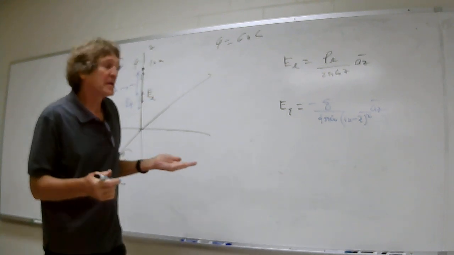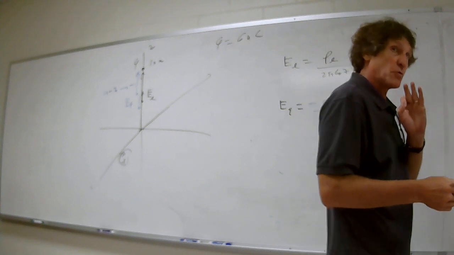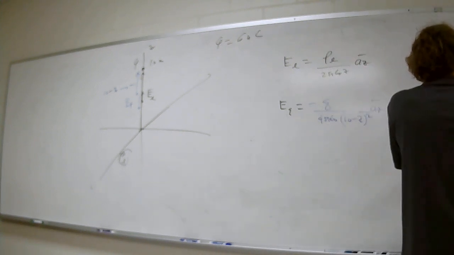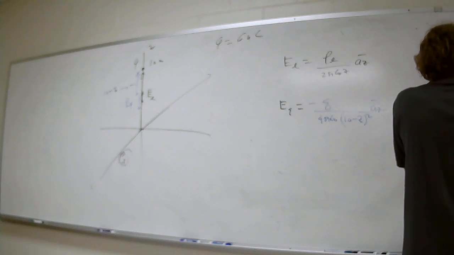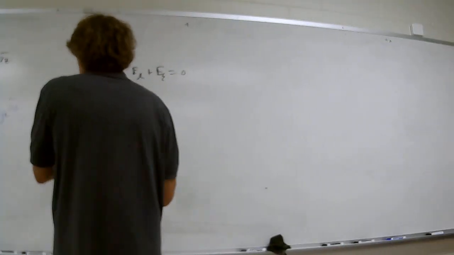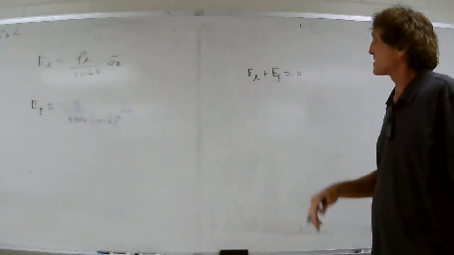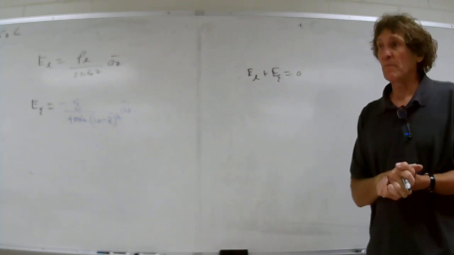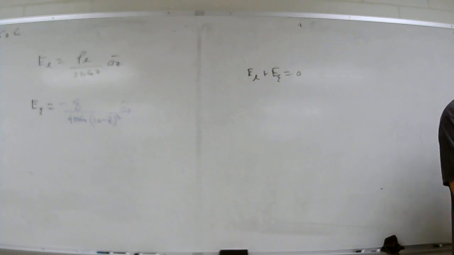Now, if you add the two together, we're looking at the point where the field is 0, correct? So we'd say that E_L plus E_Q equals 0. That means one is equal to the negative of the other. Y'all agree with that? Just take a moment, make sure what I'm saying is sinking in.